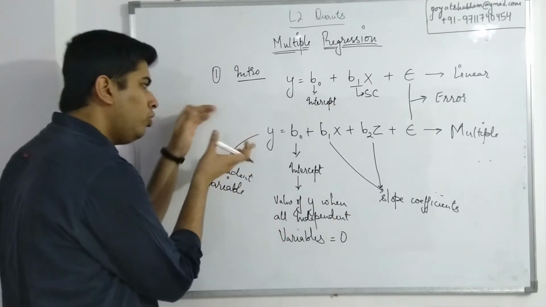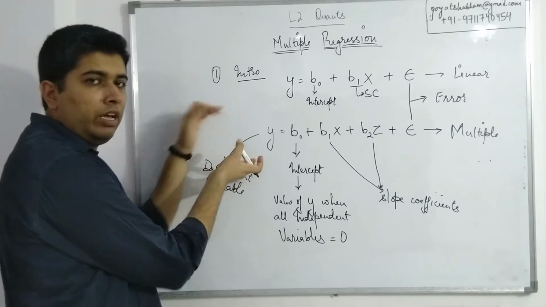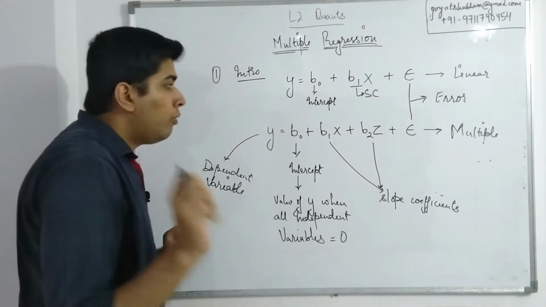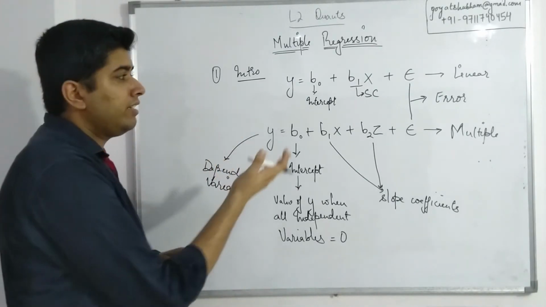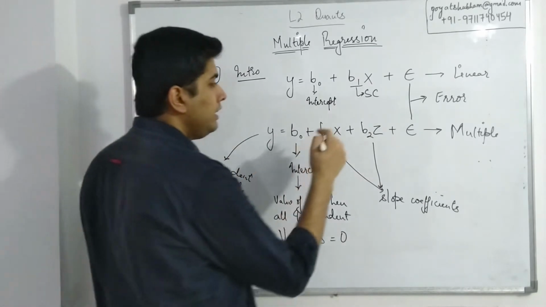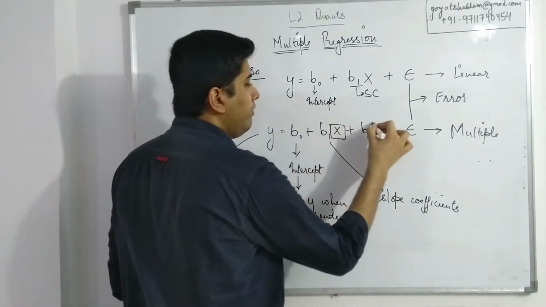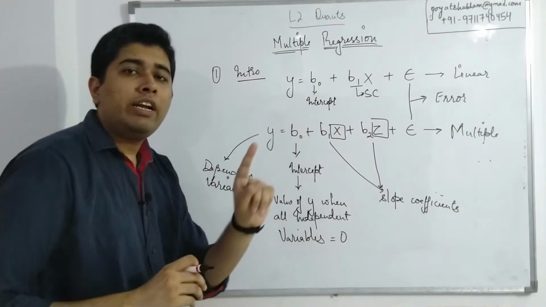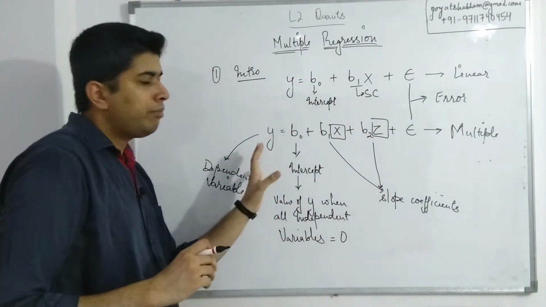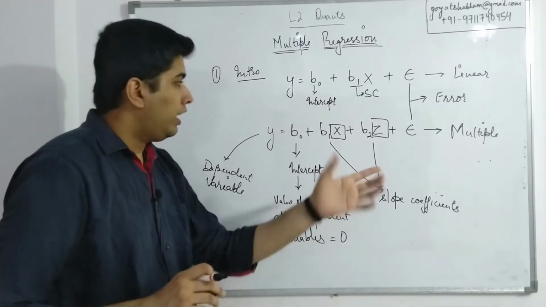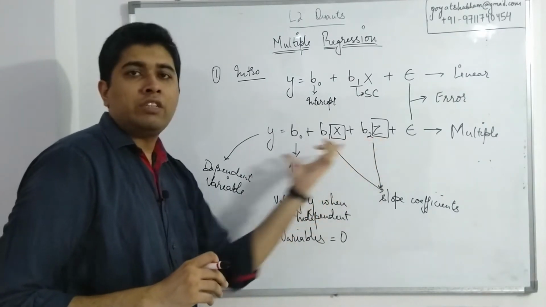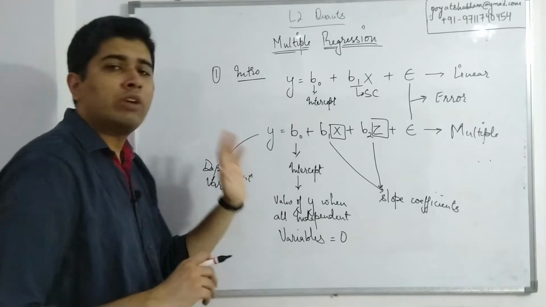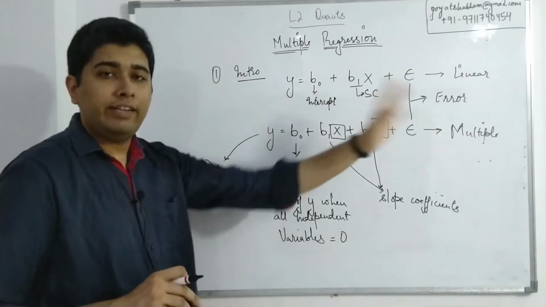So if you look at this multiple regression equation, the main component that has changed in comparison to the linear regression is the number of independent variables. In case of linear, I had one independent variable, but in case of multiple, I'll have more than one. I'm taking an equation with two just for the sake of simplicity. You can have three, you can have five, you can have 10, you can have hundreds if you want.